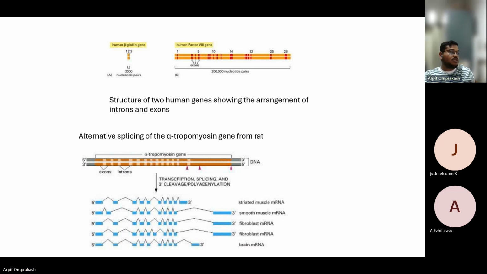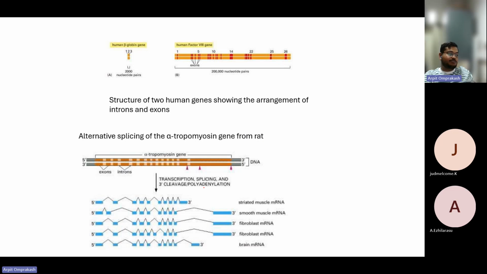The benefit of this intron exon framework is that by the process of transcription and alternative splicing, we can create variations of the same protein by removing or adding certain exons in the mRNA message. For example, here is a gene that codes for alpha tropomyosin, a muscle protein.